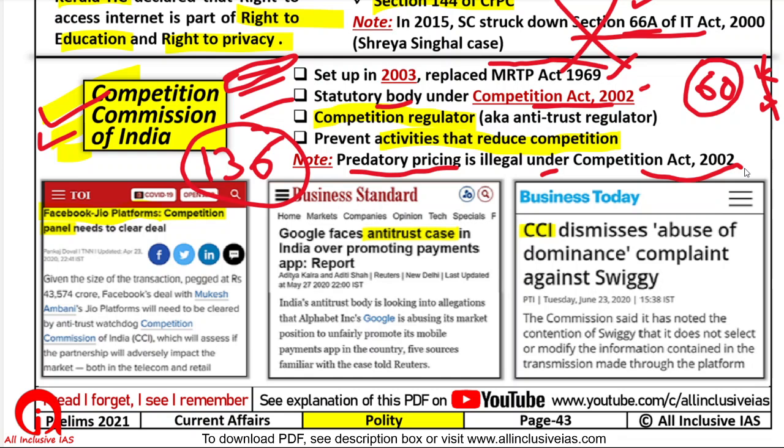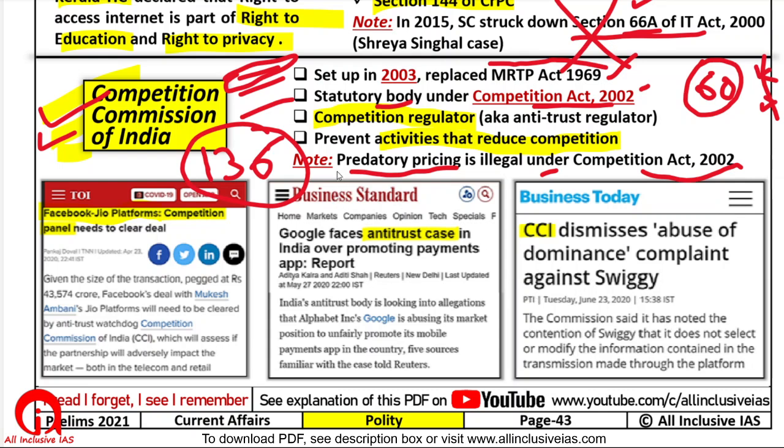It is mainly that, suppose when Jio came, ठीक है, Jio would offer services at such a cheap rate that Vodafone Idea and Airtel would have closed down, है ना? So that was predatory pricing. Suppose Jio would have done anything like that, so those things are not allowed, because with such a thing you would actually be killing the competition.